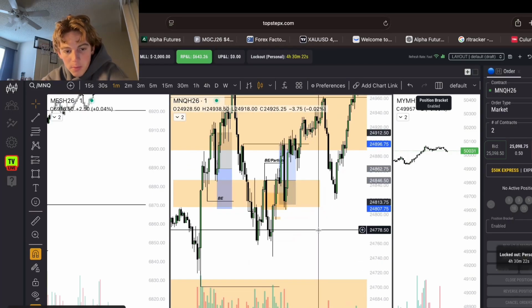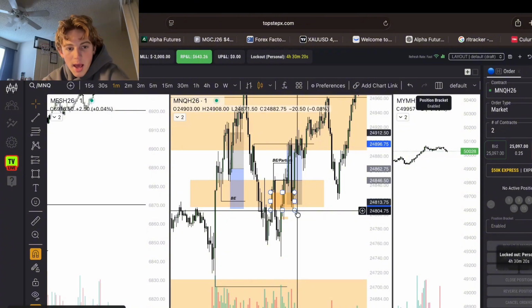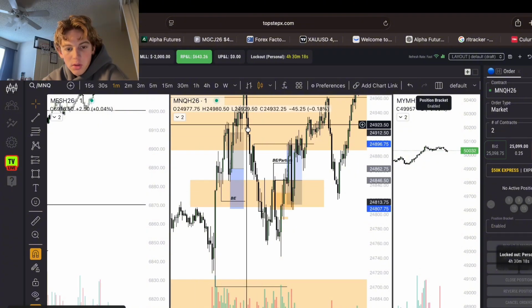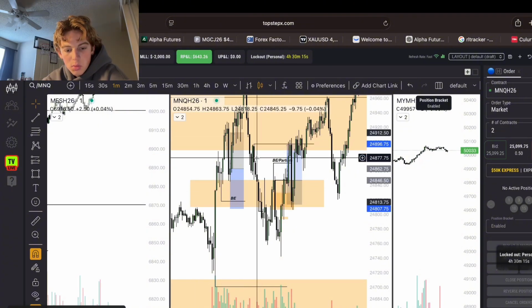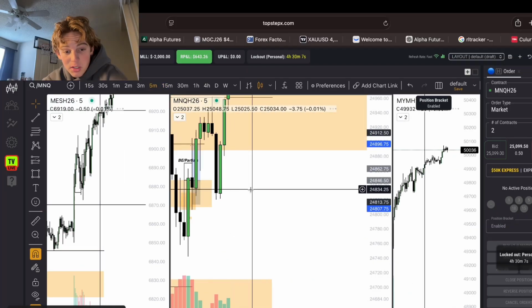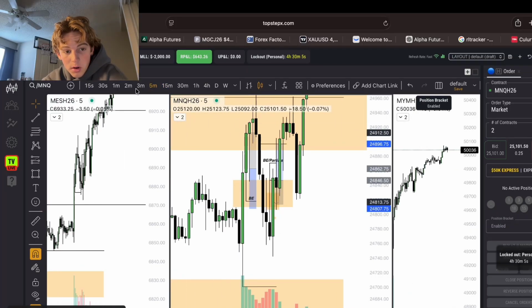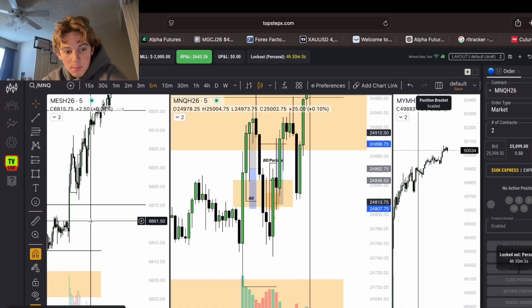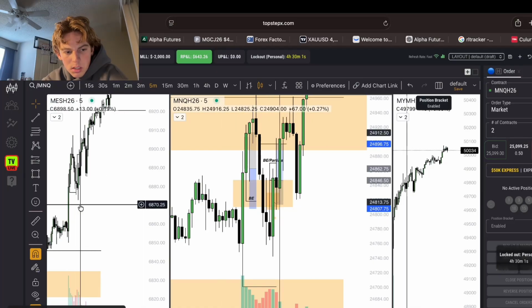And then here, right, so after this was when news came out right here. We manipulated lower. We created a 15 minute that we ended up inversing, right? And this is ES.